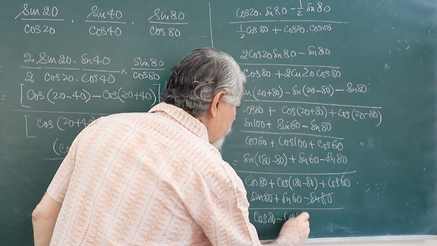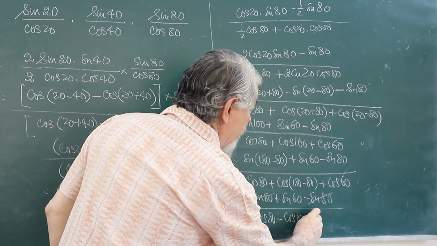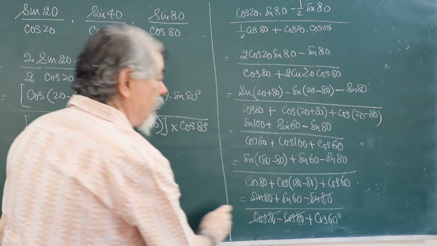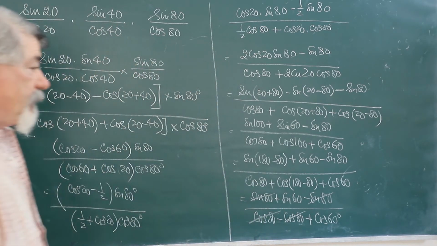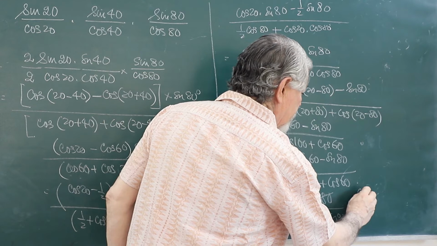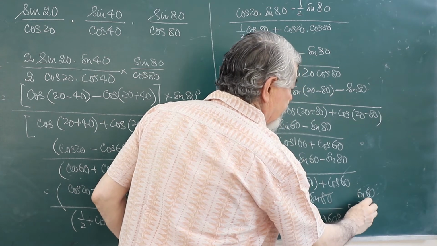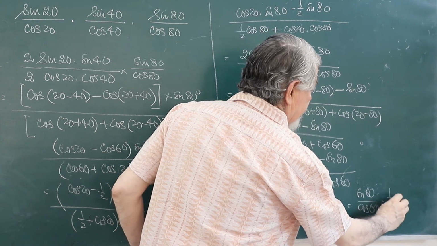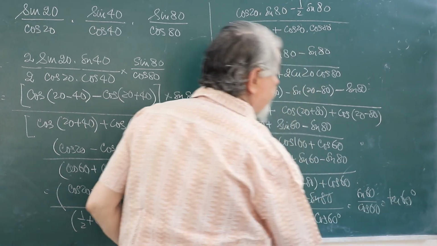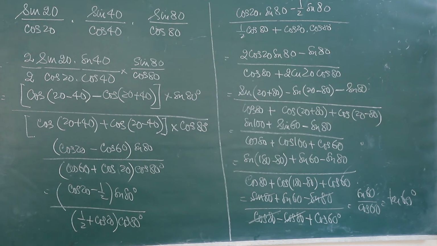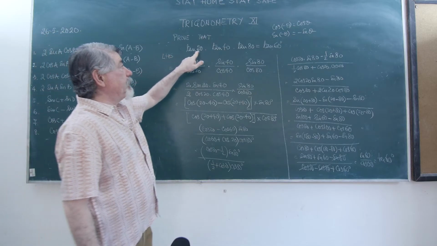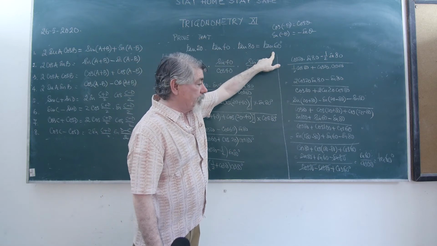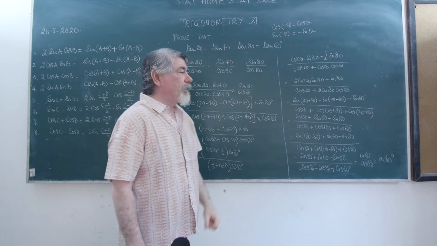So it will be minus cos 80 and plus cos 60. So these two will cancel. What are you left with? Sin 60 upon cos 60, which is tan 60, which is what we had to prove. We had to prove tan 20 tan 40 tan 60 tan 80 is equal to tan 60. So we have got to the final answer.